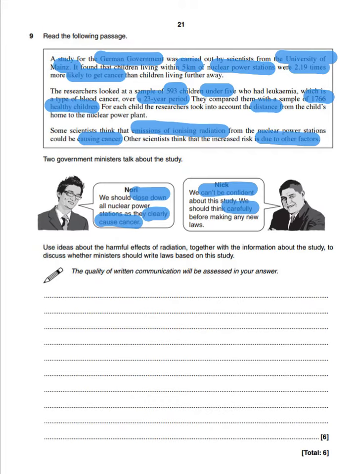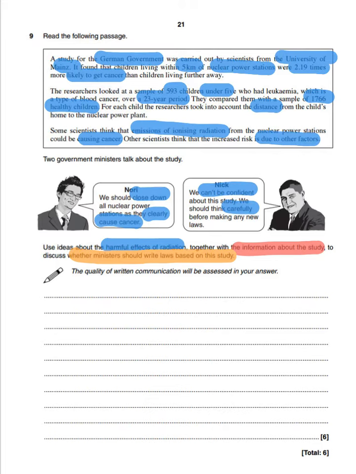I'll read the question. Use ideas about the harmful effects of radiation together with information about the study to discuss whether ministers should write laws based on this study. So this one we've got three things we can be writing about.